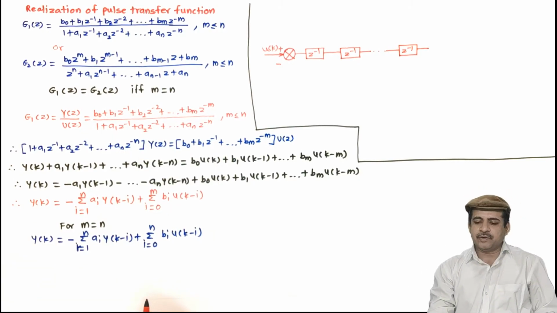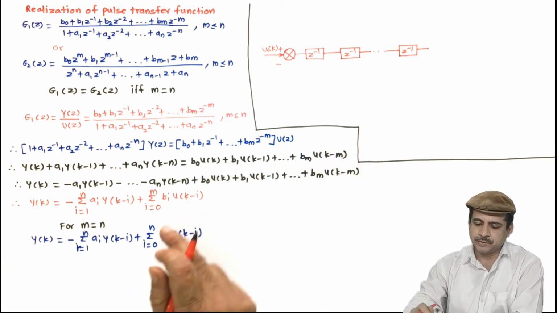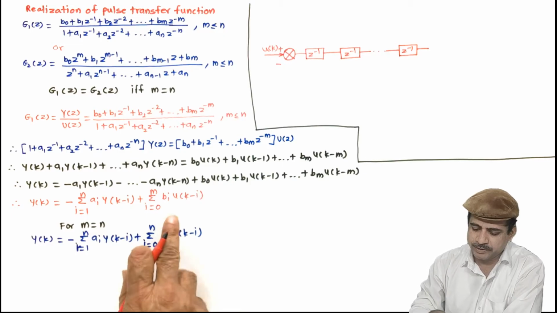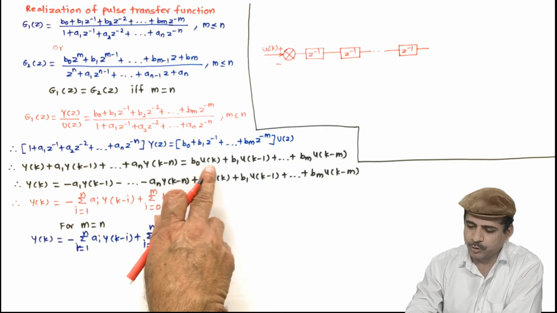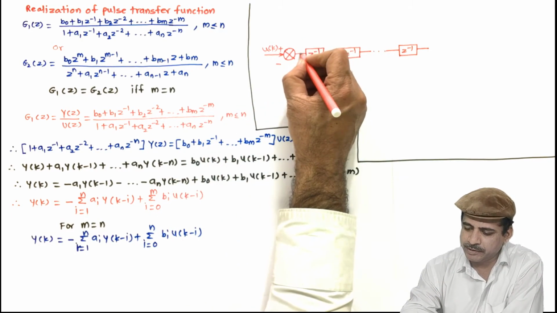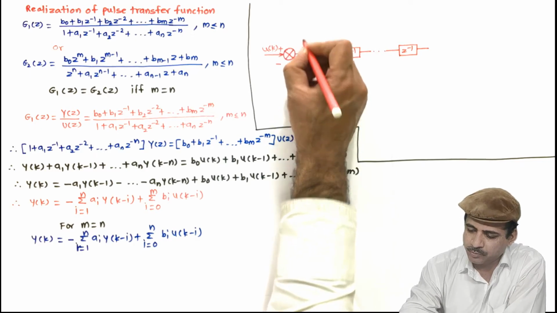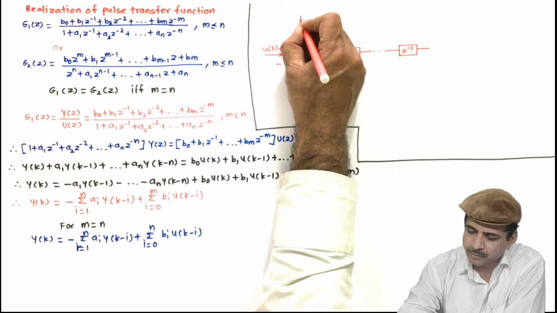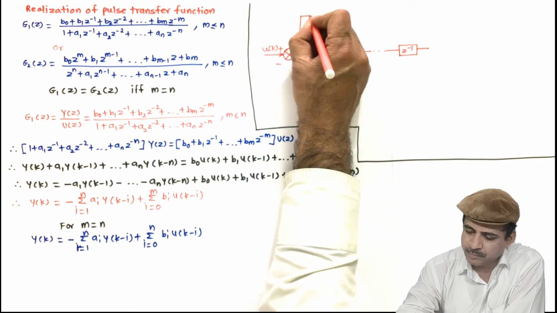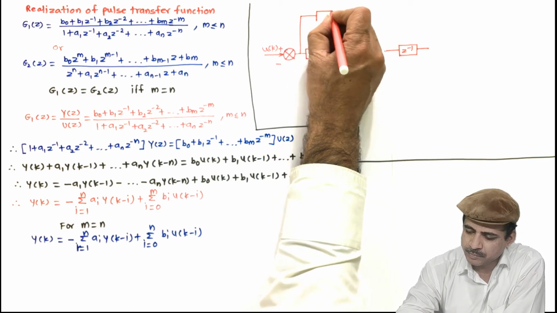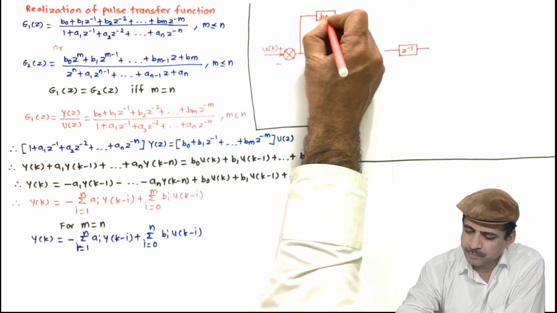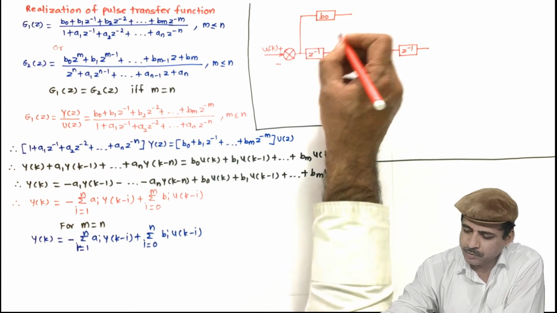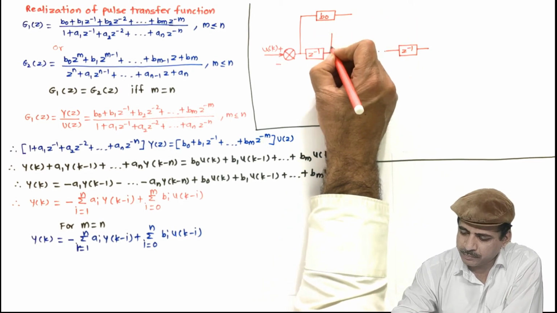And now if I see the numerator terms, this will be b0 u of k. So from this will come b0. From this the term b1 will come.